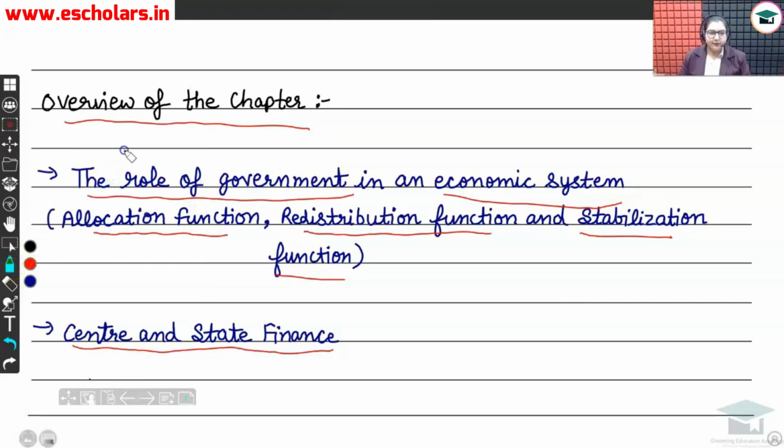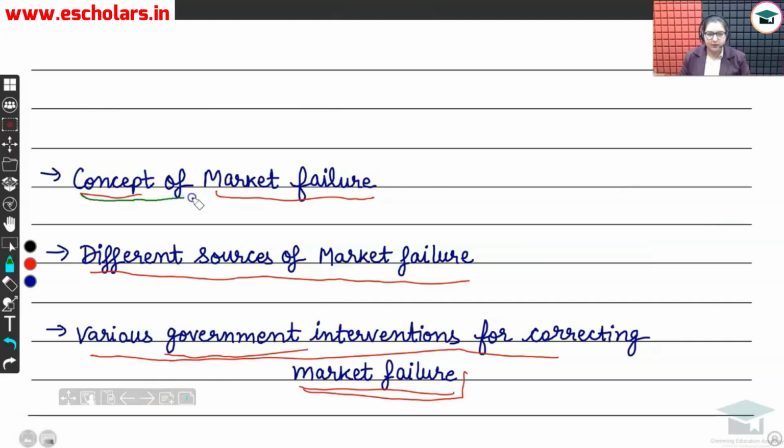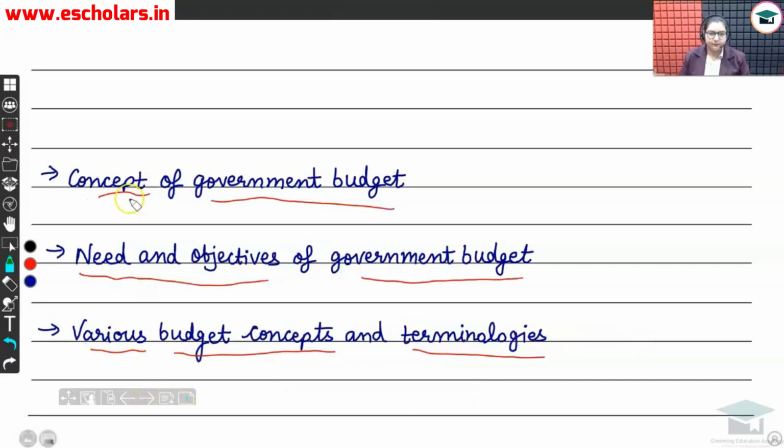So students, let's recall whatever we are going to study in the chapter of public finance, that is the overview of the chapter. The role of government in an economic system, that is the allocation function, redistribution function, and stabilization function. Next, center and state finance. Next, concept of market failure. Next, different sources of market failure and various government interventions for correcting market failure.